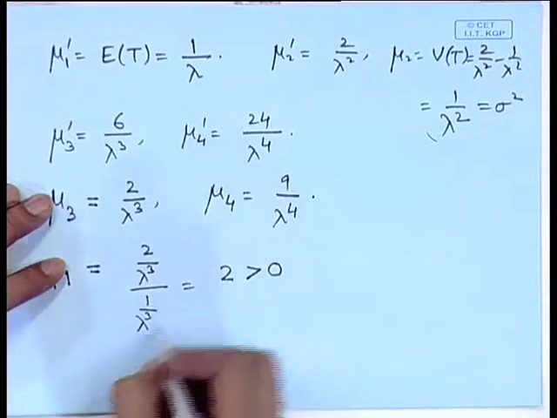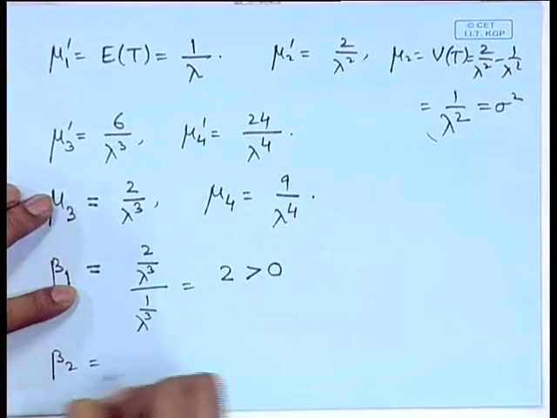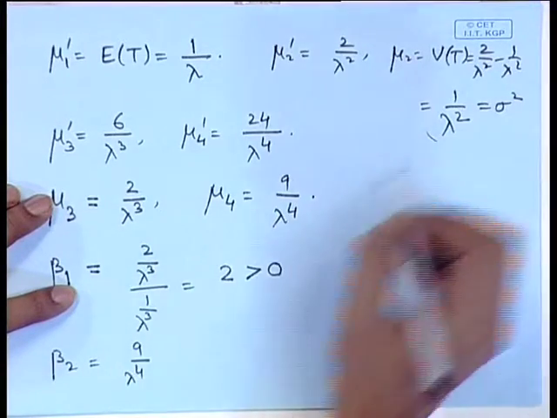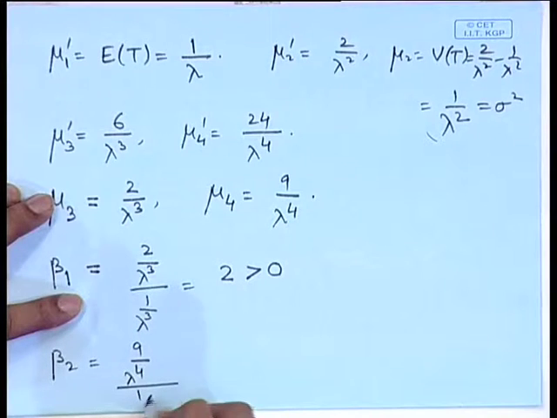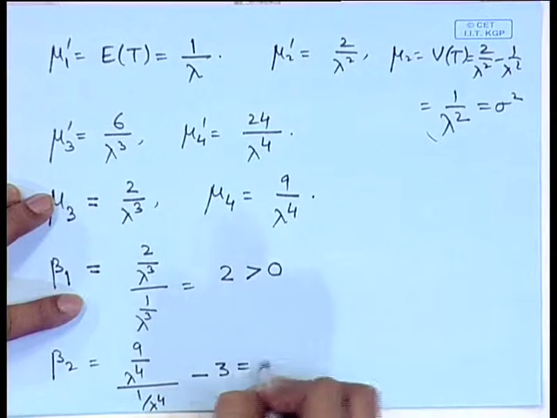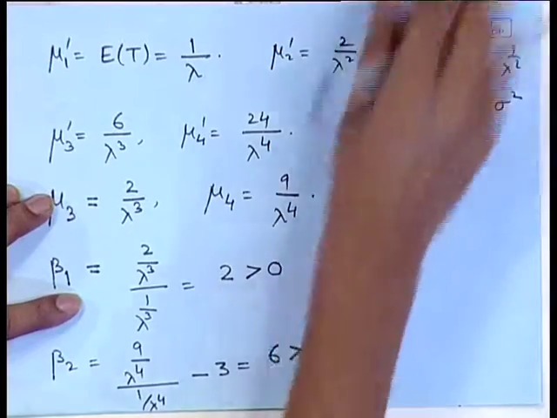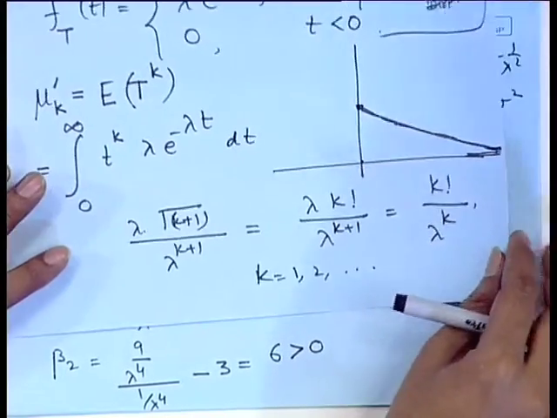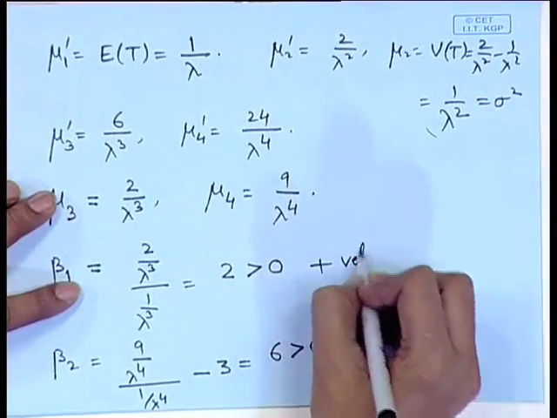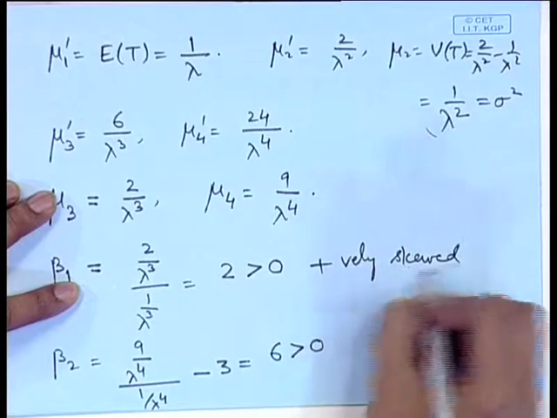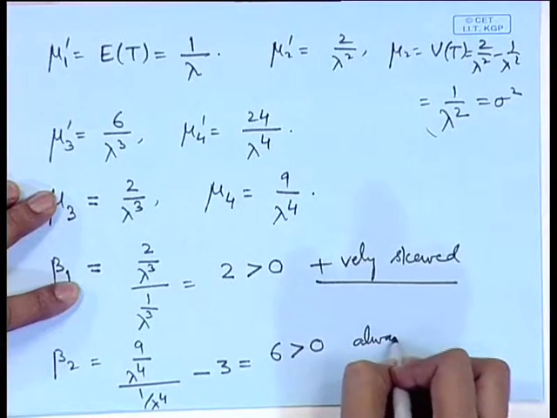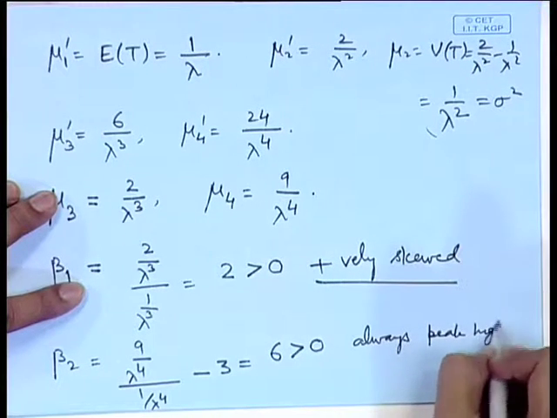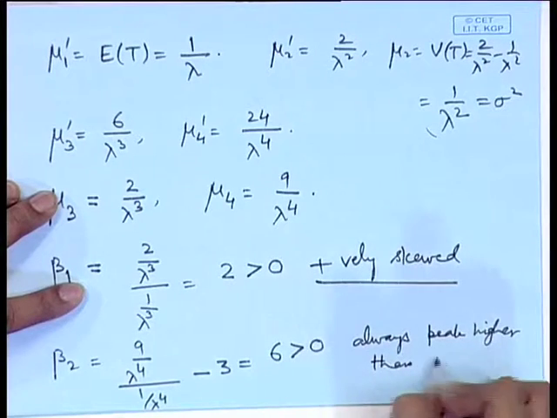Similarly, beta 2 is equal to mu 4 divided by mu 2 square, that is 9 by lambda to the power 4 divided by 1 by lambda to the power 4, minus 3, that is equal to 6. So, no matter what the value of lambda is, it is always having peak higher than the normal peak. So, this is always positively skewed and always peak high, that is higher than the normal peak.